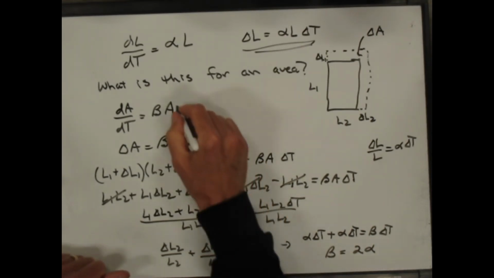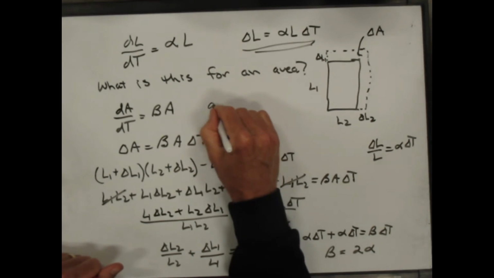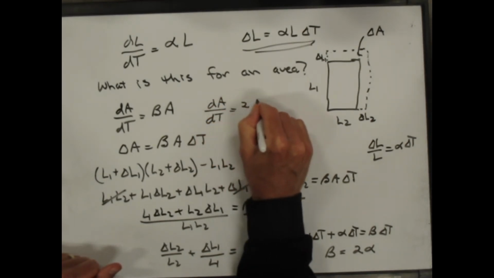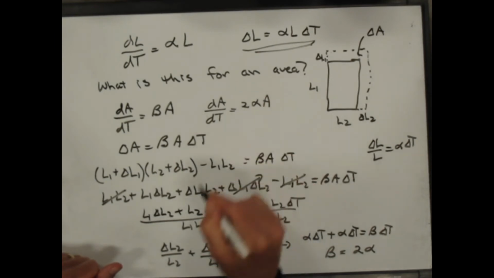And so you can just use this formula. You can just say, look, dA/dT is equal to 2 alpha times the area.